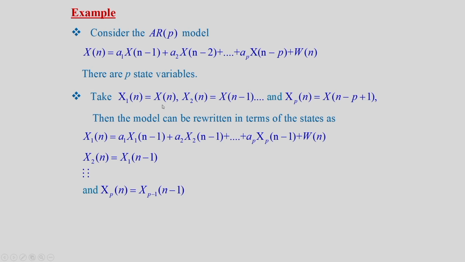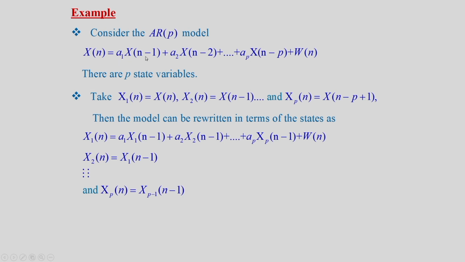If we assume these state variables, then this equation xn is equal to a1 x n minus 1 plus a2 into x n minus 2, like up to ap into x of n minus p plus wn.